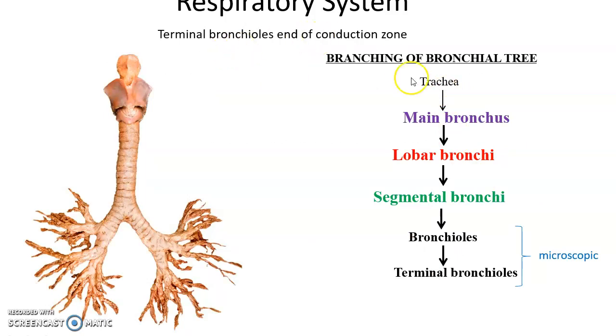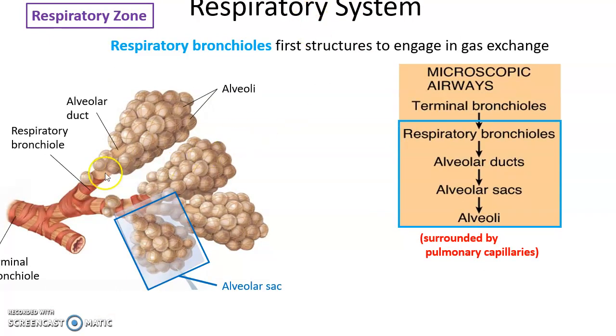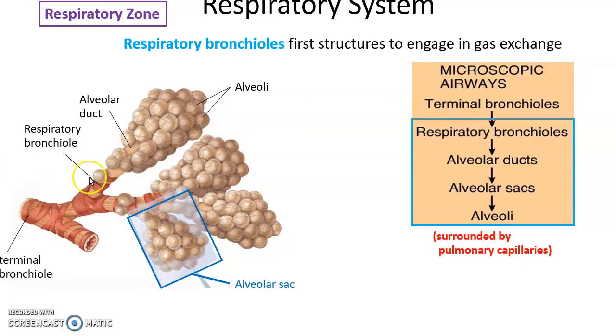And again, the terminal bronchioles is the end of the conduction zone, the zone that is only transporting air. From here, we go to the respiratory bronchioles. So after the terminal bronchioles, they then branch into the respiratory bronchioles. The respiratory bronchioles then travel through alveolar ducts to the alveoli, these little grape-like structures. And an entire cluster of those grape-like structures is called an alveolar sac.